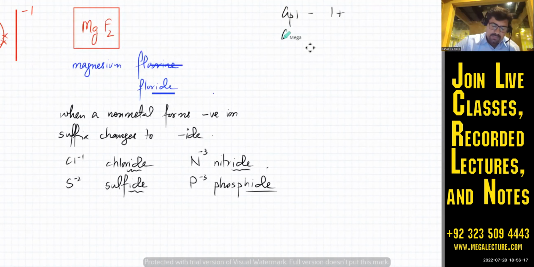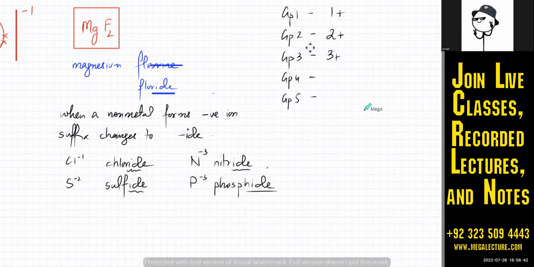Group 2 usually is 2 plus. Anything in group 3 will most likely be 3 plus. Group 4 has metalloids, metals and non-metals, so let's leave group 4. Group 5, what is the charge on group 5? 3 minus.